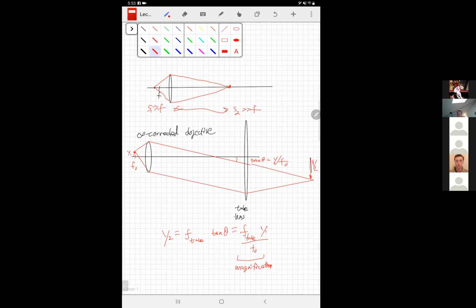And you might think, well, why not just make the magnification even larger? Why not make the magnification 1,000? And then surely we could see, instead of 100, we go to 1,000, we could see things that are 10 times smaller. Do you think that's true, that we could see things that are 10 times smaller?